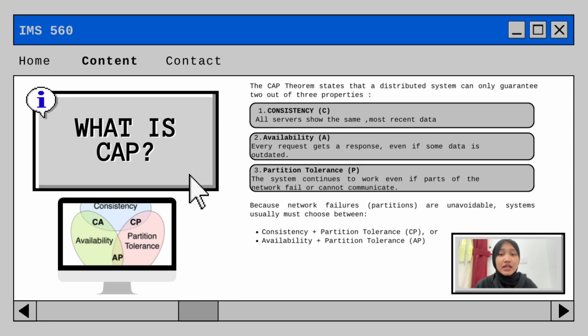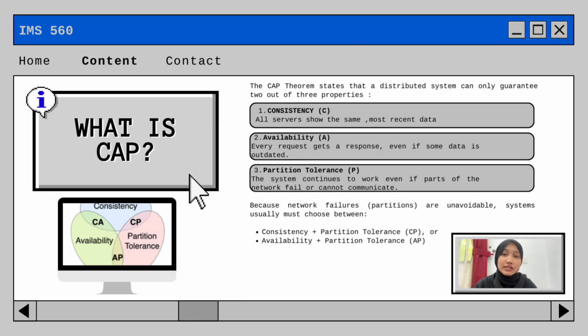The third is partition tolerance, where the system continues to work even when some servers cannot communicate due to network problems. Since network failure is unavoidable, system designers must choose between either consistency and partition tolerance, or availability and partition tolerance, depending on what the system needs the most.